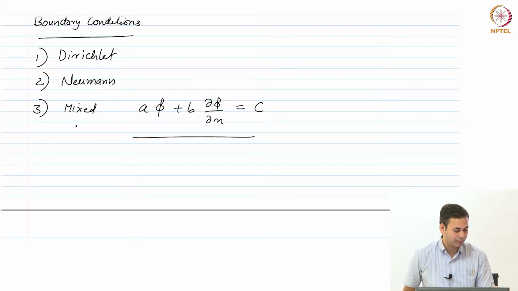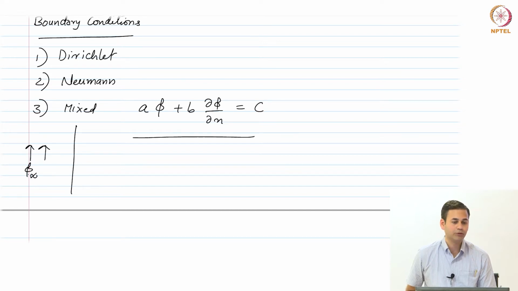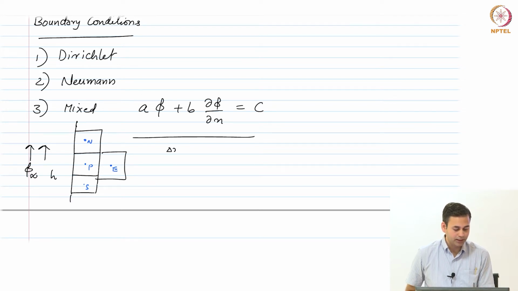Essentially, we have a fluid moving at a certain velocity with the temperature of the fluid, or the scalar, being phi infinity, and h being the heat transfer coefficient. Then we can have a mixed boundary condition, and we discretize the near-boundary cells as this. We have P, E, and north and south, and the cell widths, delta x and delta y, remain the same as before.